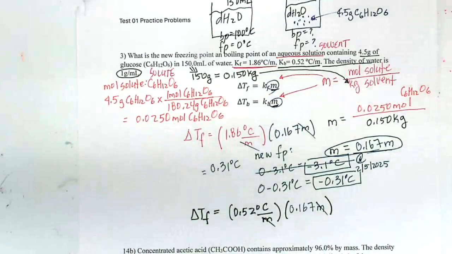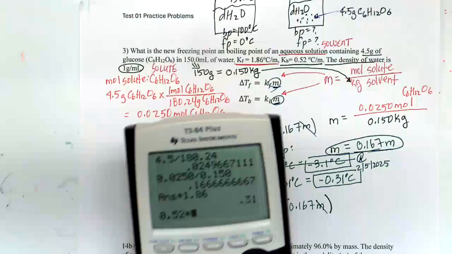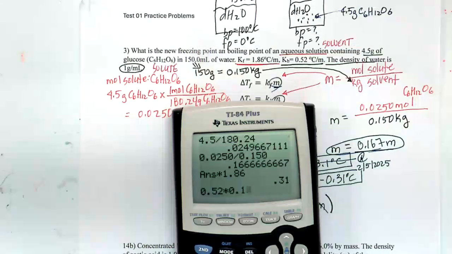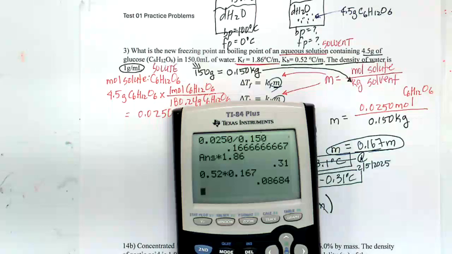Molal cancel. So 0.52 times 0.167, what do we get here? 0.086, 0.087 degrees.